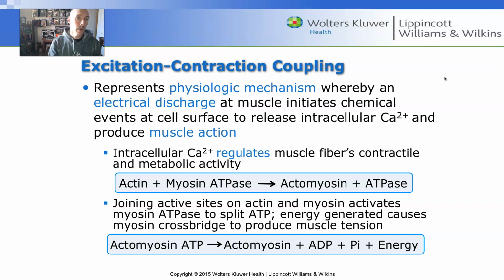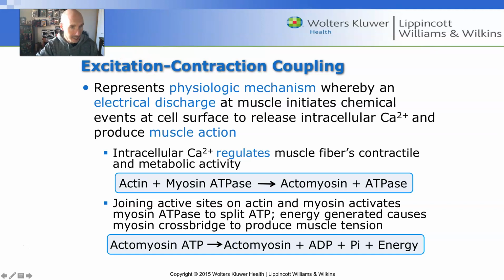But essentially, when our nervous system is activated, there is an electrical signal that is sent from our brain to a given muscle. And that electrical impulse from our brain stimulates the release of, you guessed it, calcium, right? The excitation is ultimately going to cause the release of calcium into the muscle fiber, and that calcium is then going to allow for contraction to occur.